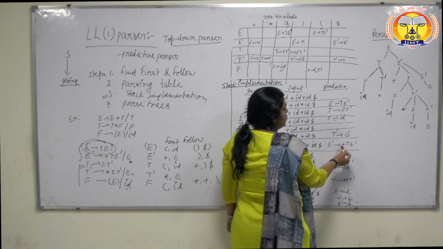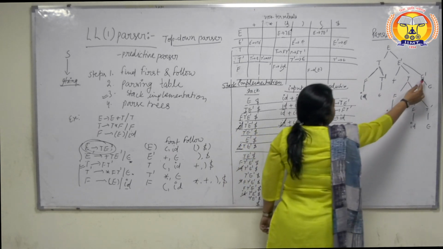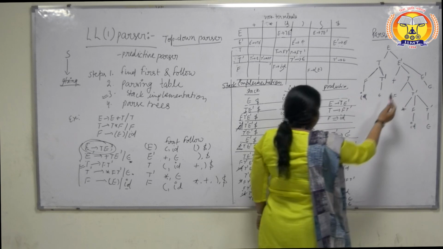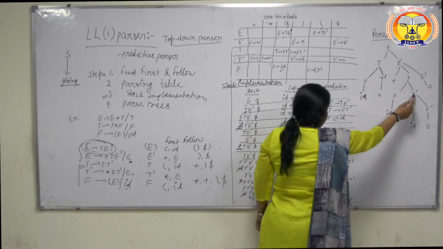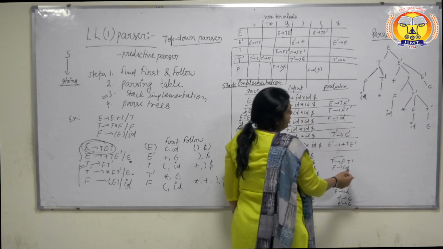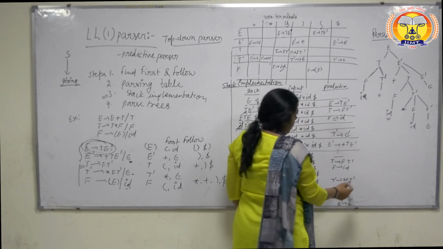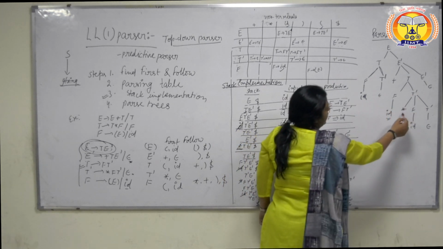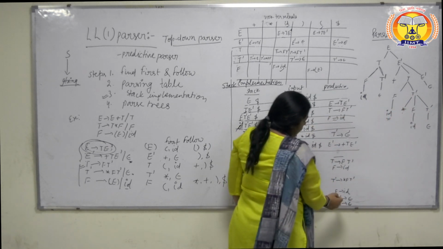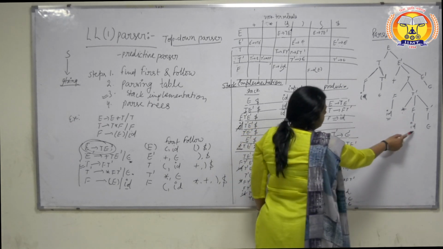Now again E dash tends to plus T E dash. Again T tends to F T dash. Then F tends to ID. T dash tends to asterisk F T dash. Again F tends to ID.